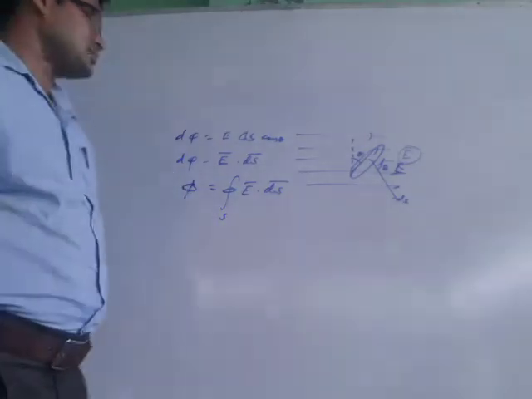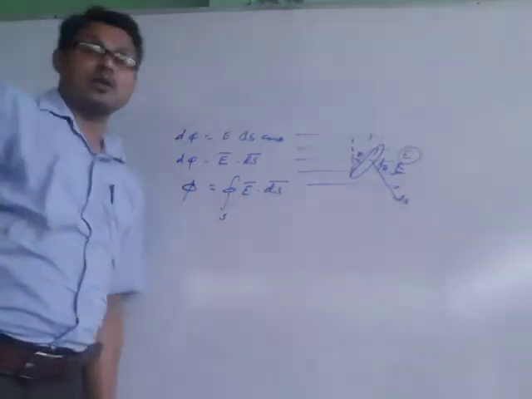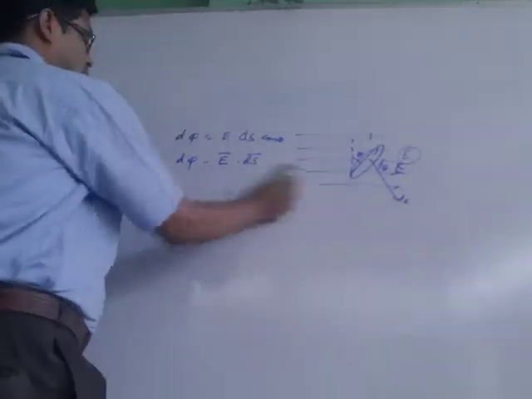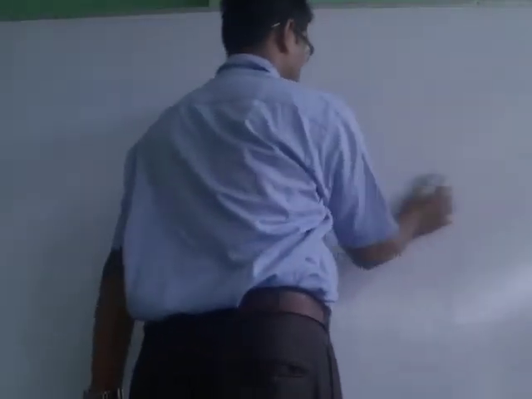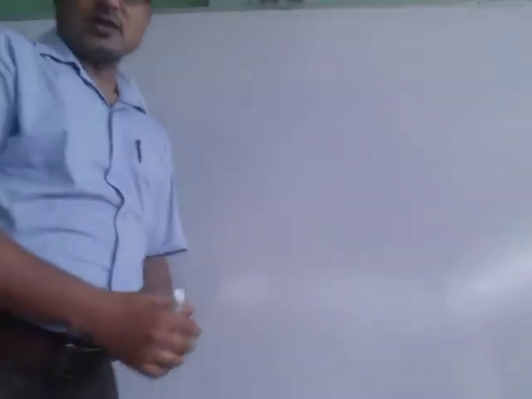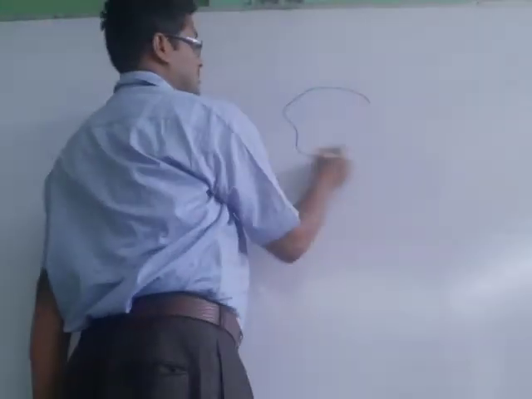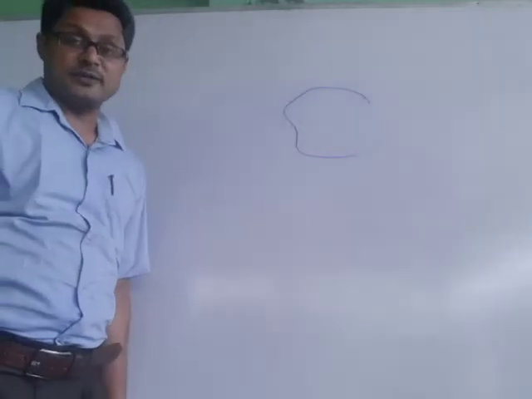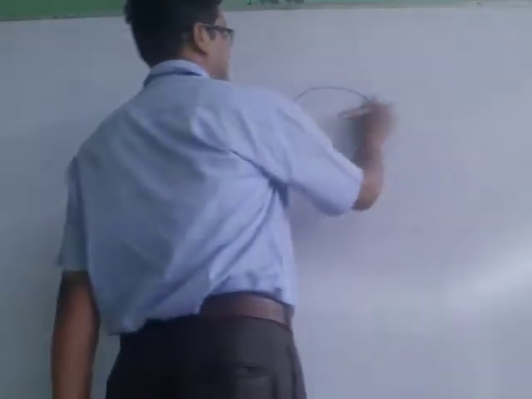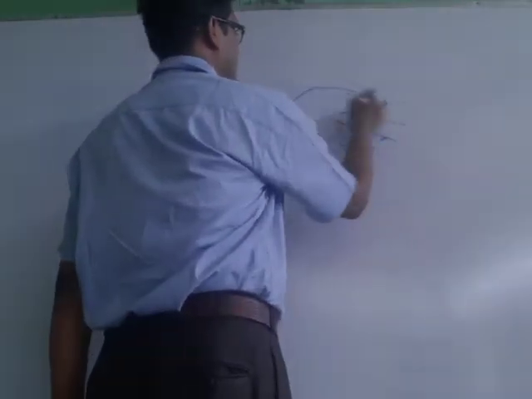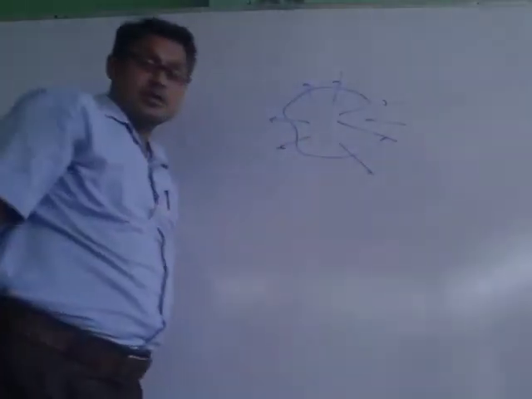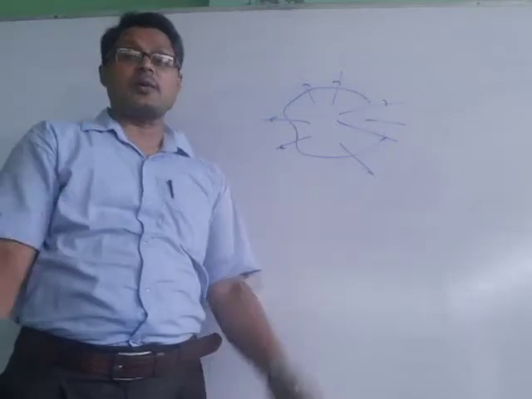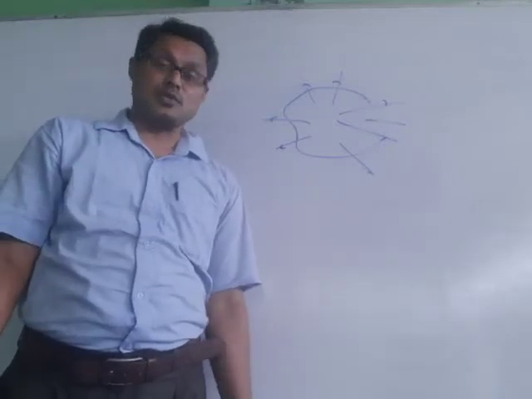Now this is the introduction of Gauss theorem also. In Gauss theorem, let us consider any closed surface in the field, and electric flux is coming out from this surface. So what will be the total amount of flux coming from this closed surface?